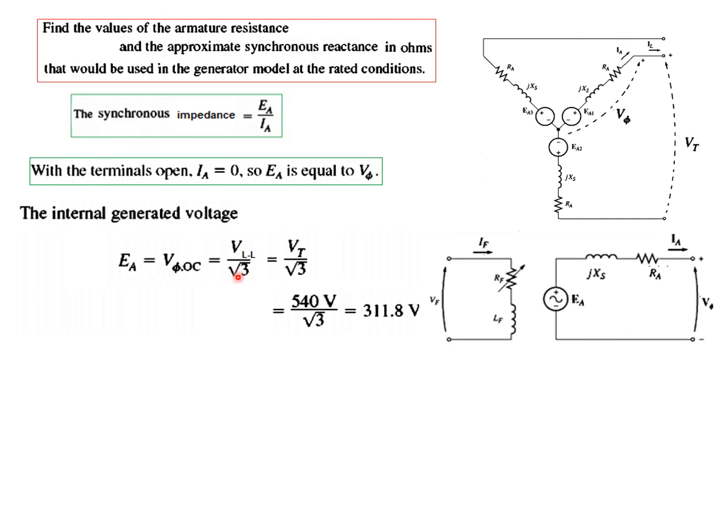I hope you know this from circuit analysis, that the line voltage and phase voltage are related by this. So we can also say that V terminal divided by root 3 is EA. V terminal is given in the question to be 540 volt. So EA is 311.8 volt. So we have found EA.